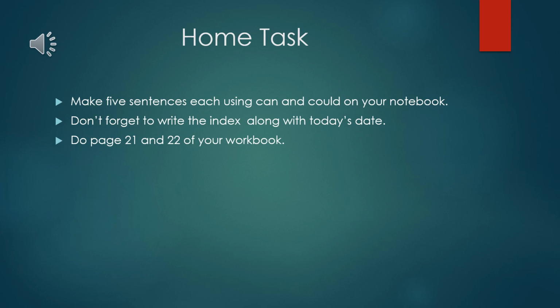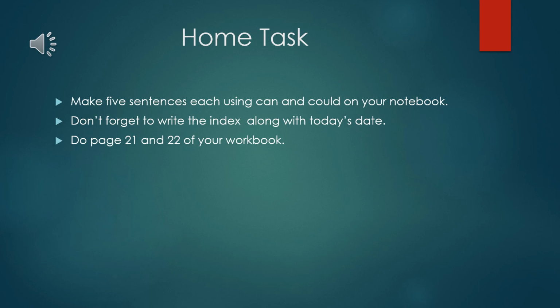Don't forget to draw the margin line. You need to write the date and day, and don't forget to write an index with today's date as well. And do your work in a neat and clean manner, right? Because if you want me to be happy, then your work should be neat and clean. Because it's the first work you're doing in your notebook, it should be neat and clean.